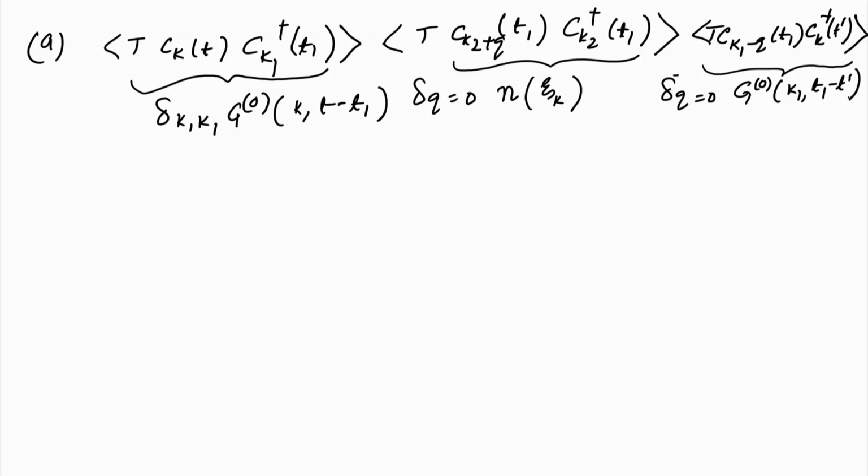So, this is how we have now written the full Green's function at the first order in terms of the non-interacting Green's function G0, a number operator which is n of xi k, and another G0. How to compute this is what we will see, and that is where the Feynman diagrams play a role.